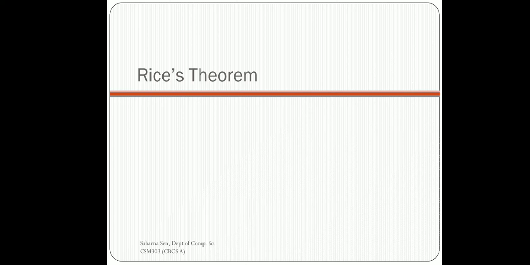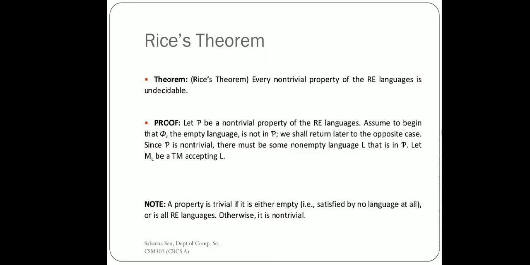Even if we do not go formally into the proof, we can use that property to learn the Rice theorem. What Rice theorem states is: every non-trivial property of the recursively enumerable languages is undecidable.